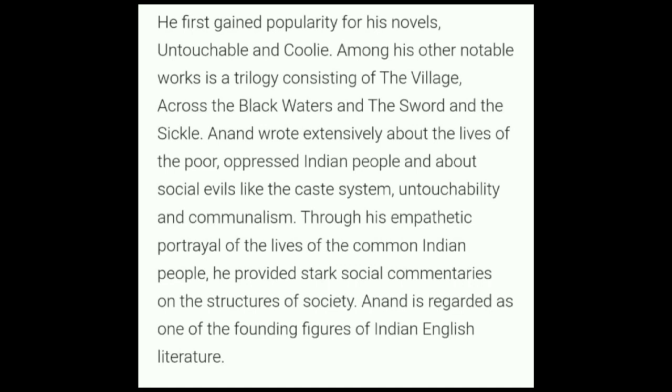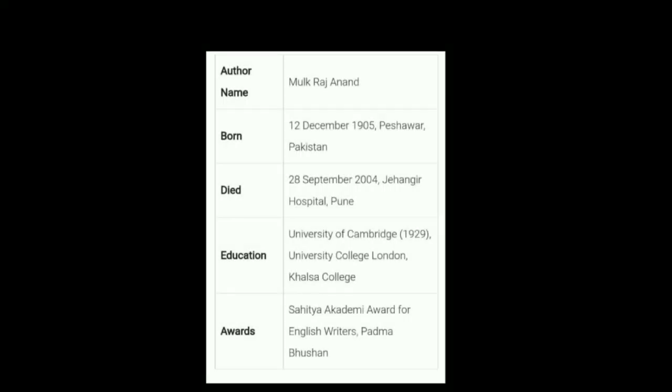So all these points, such as when he was born, 12 December 1905 in Peshawar, died 28 September 2004, Jahangir Hospital, Pune, and his education was from University of Cambridge, later from University College London.